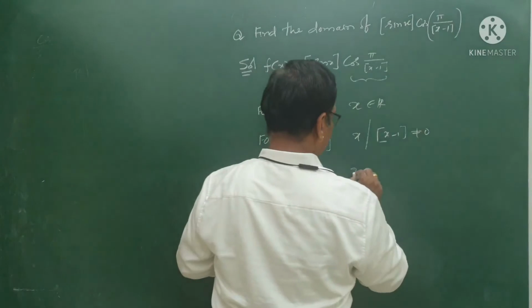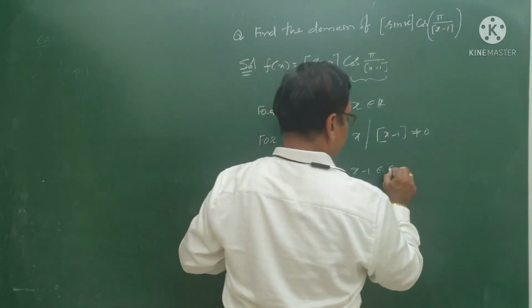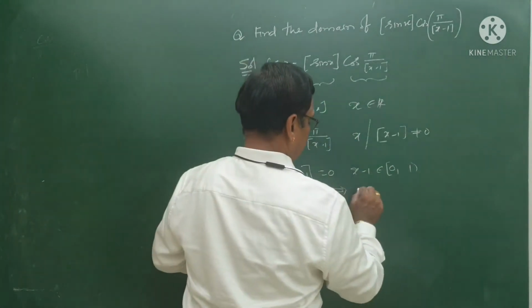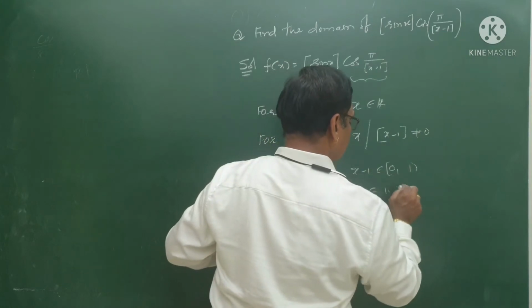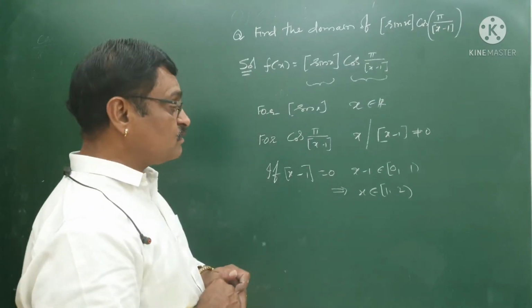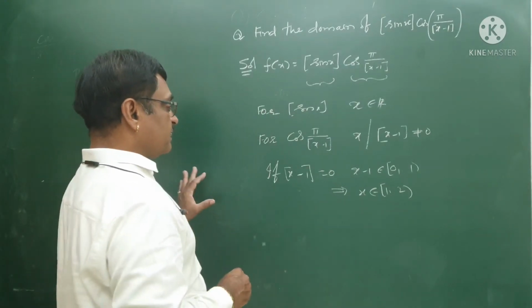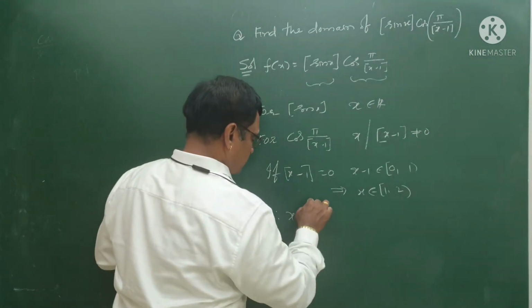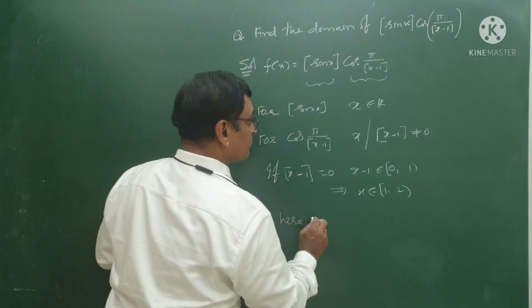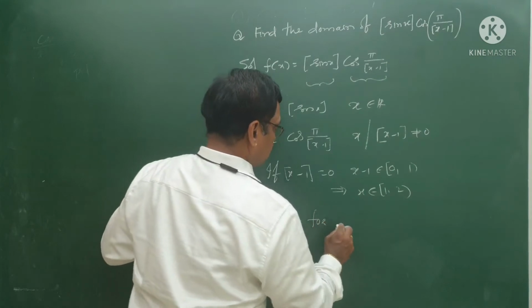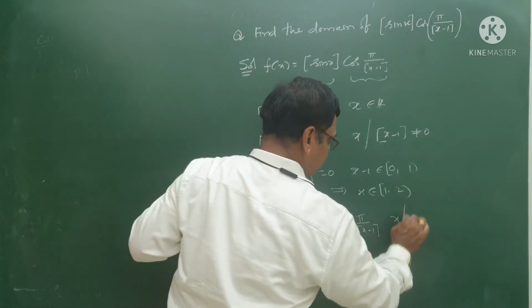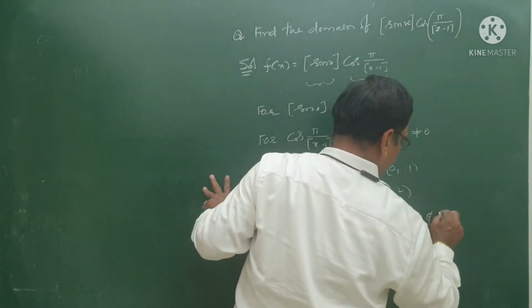My x minus 1 belongs to 0 to 1, closed at 0 and open at 1. This implies my x belongs to 1 to 2. That means I can't take a real number between 1 and 2, except that it is defined. Therefore, x does not belong to the domain. Therefore, here for cos of pi by the integral part of x minus 1, x is such that x does not belong to 1 to 2.